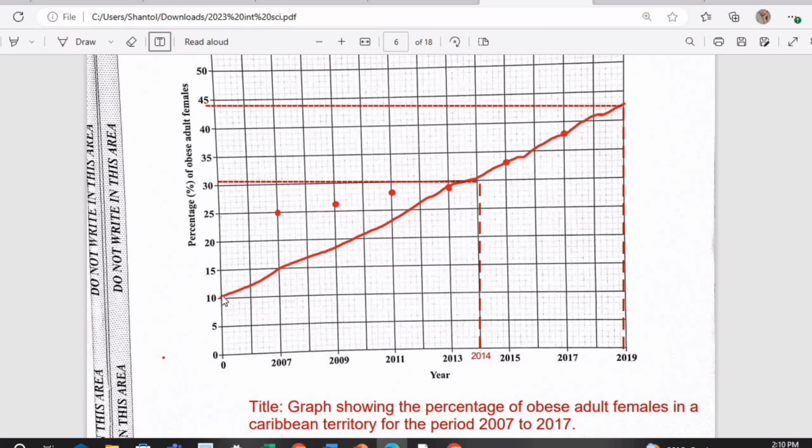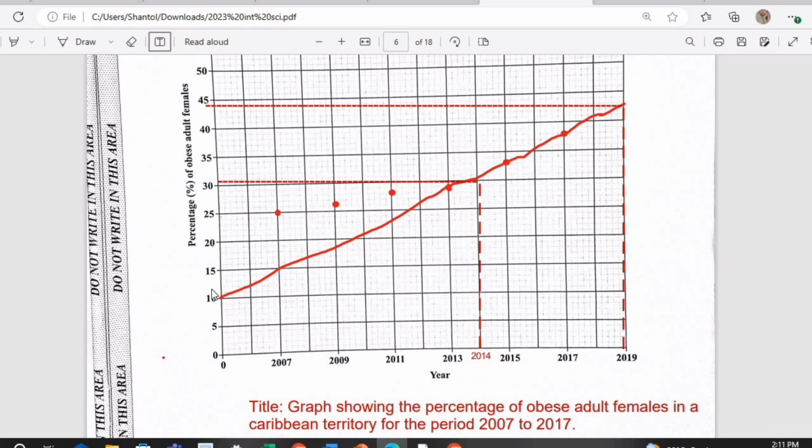But what we usually do is look for the path where we would draw our line of best fit that would take into consideration as many points as possible, or the points that would line up along a straight line. So when we draw our line of best fit, it would pass through most of the points, right?